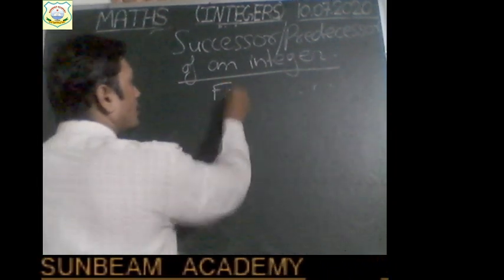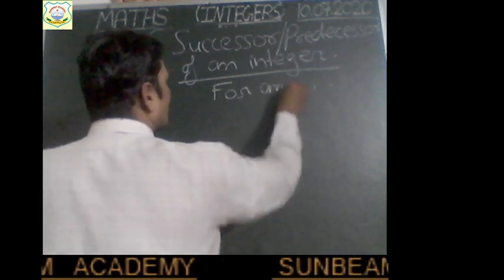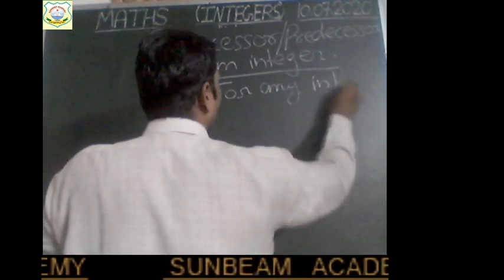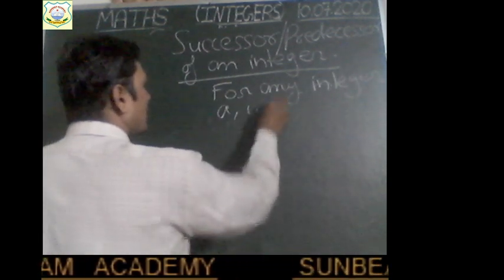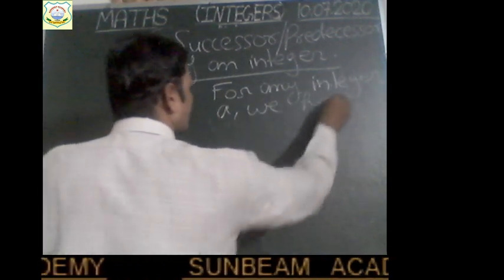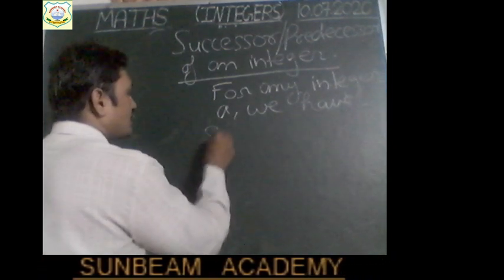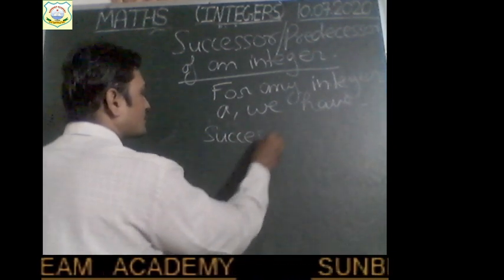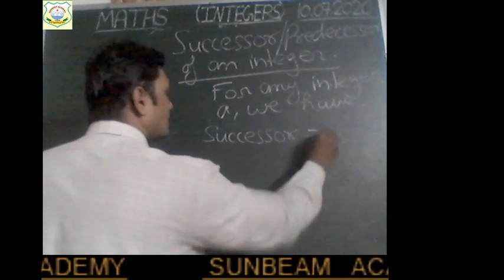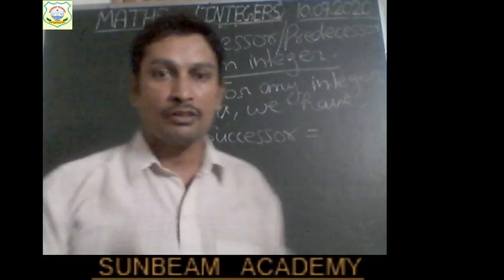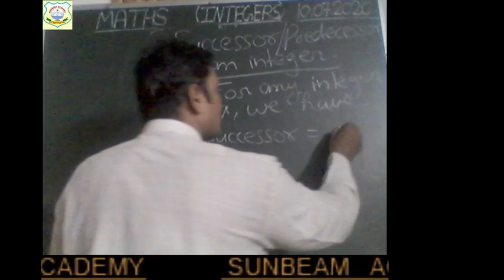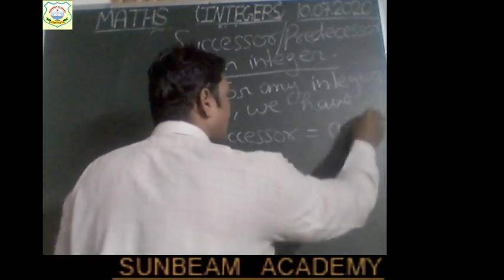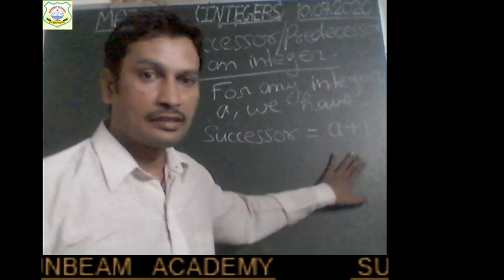For any integer, if we have any integer a, then what can we say? Successor of a. To find the successor, what do we do? We add 1 in the given integer. Am I right? So, successor will be obtained by adding 1 in the given integer.